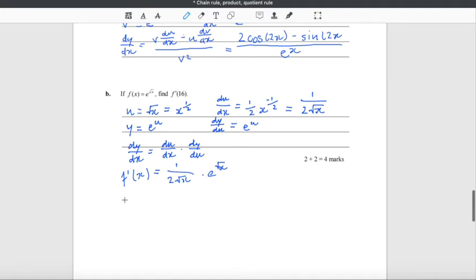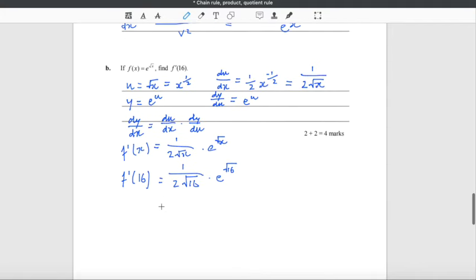Alright, so now we need to work out f dash of 16, and it looks like it'll hopefully work out okay. So 1 over 2 times the square root of 16 times e to the square root of 16, which equals 1 over 2 times the square root of 16, that is 2 times 4, which is 8.